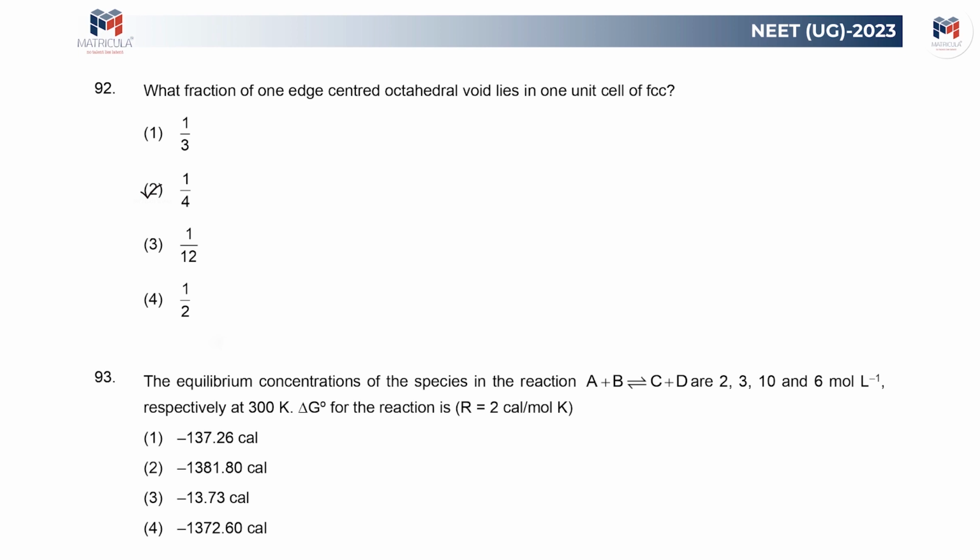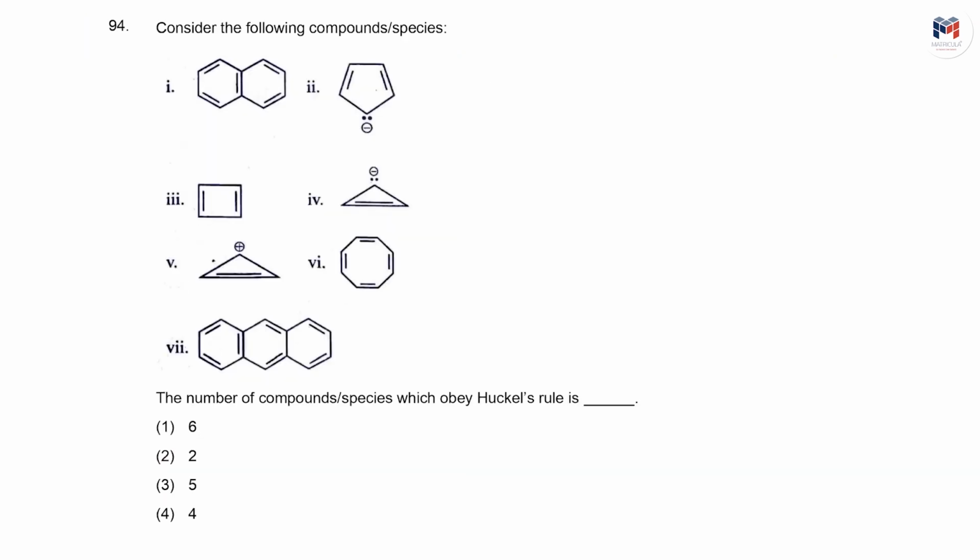Delta G degree for the reaction, R equal to 2 calorie per mole K. The answer is option number 2, minus 1381.80 calorie.